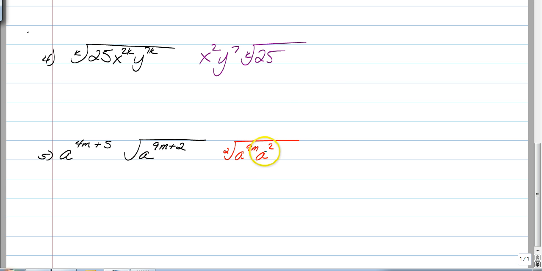If we simplify that, 2 goes into 9 4 times, so we have a to the 4m, and 2 goes into 2 once, so that's an a to the 1st power, which we can simplify to a to the 4m plus 1 root, and then we're going to leave our m on the inside, because 2 only goes into 9 4 times, but we have 1 left over.